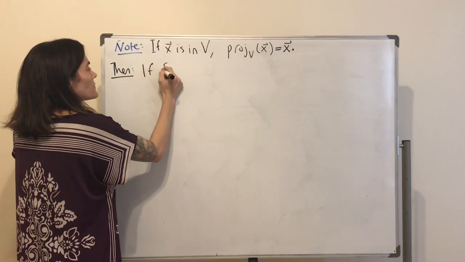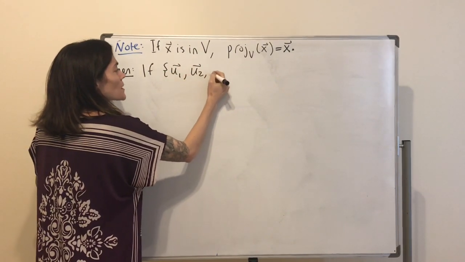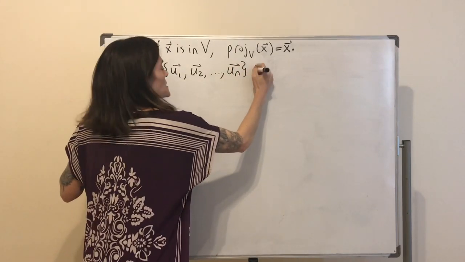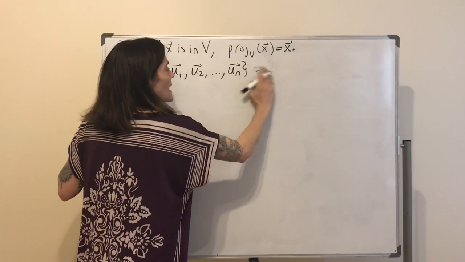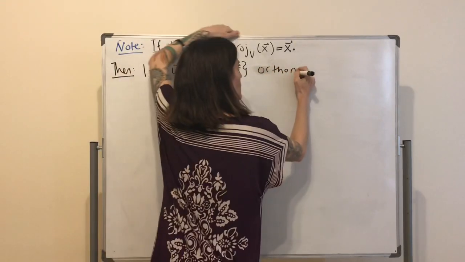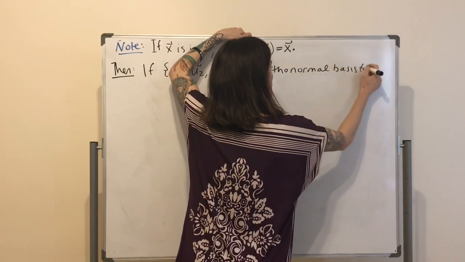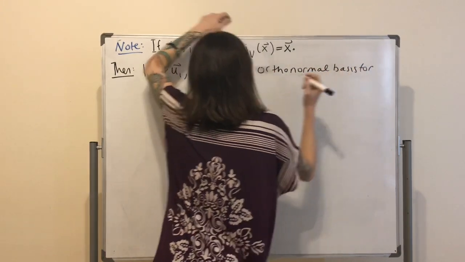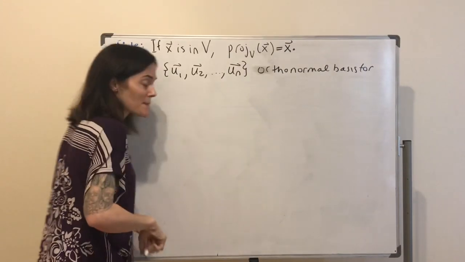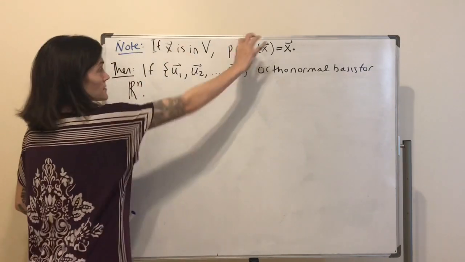If you have U1, U2, all the way out to UN, a basis for Rn, and I should add orthonormal. Let me make a comment before I use this.